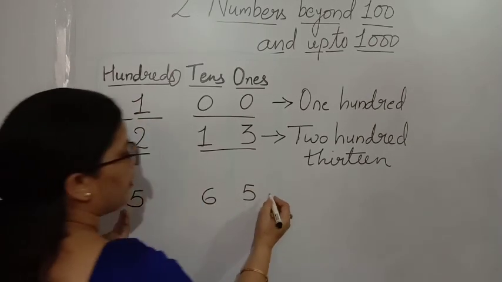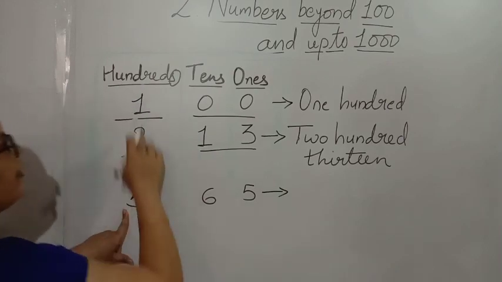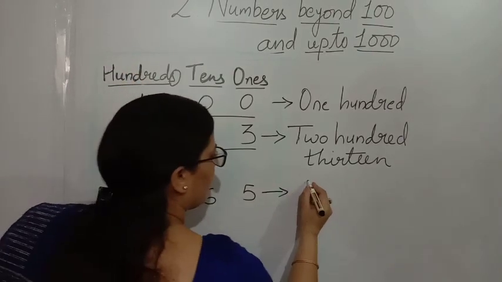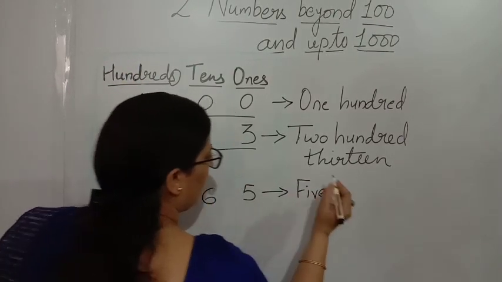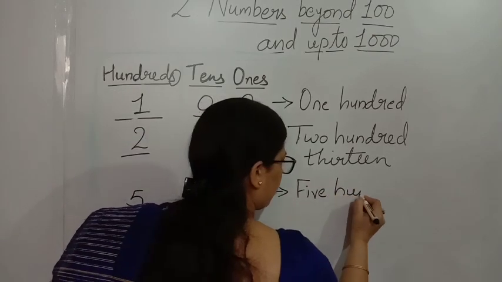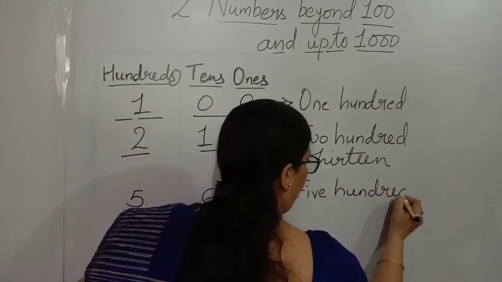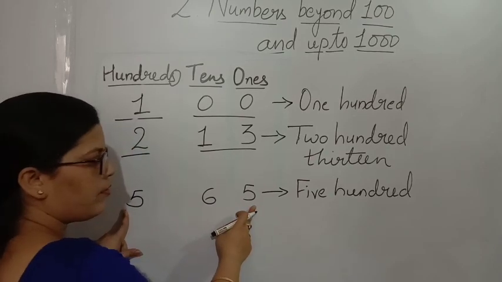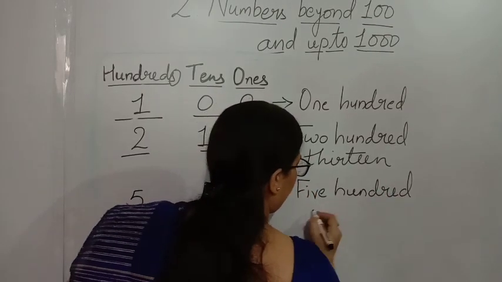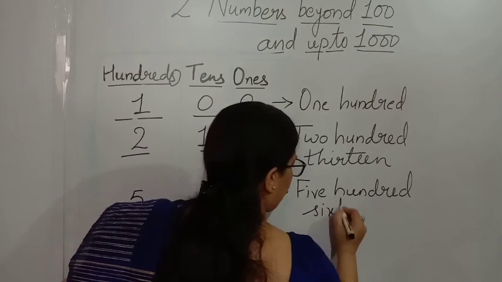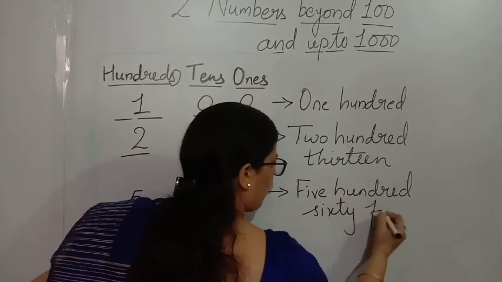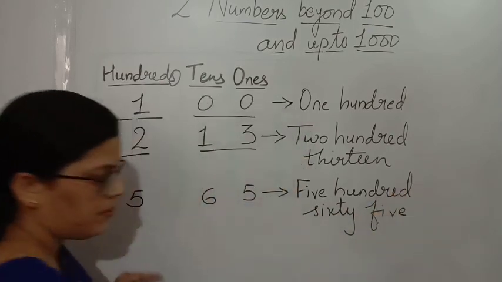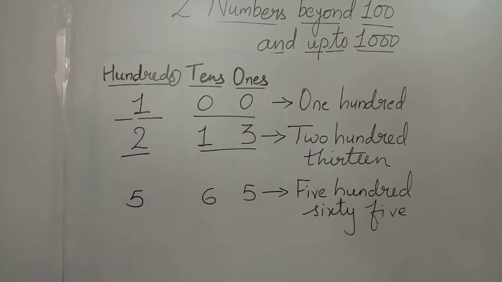So the number name will be five hundred. What is this number? 6 5, 65. So we'll write five hundred sixty-five.